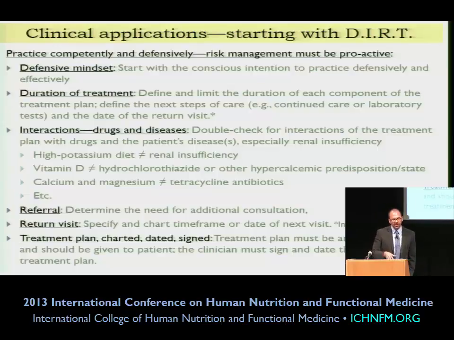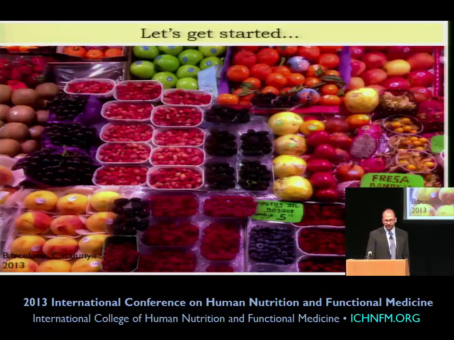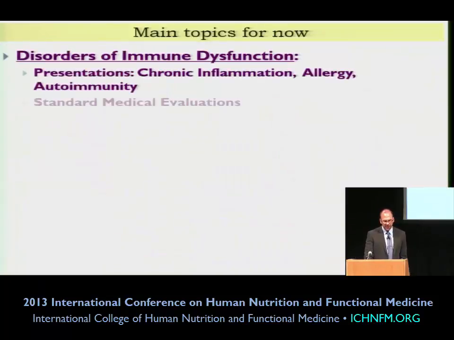We look for interactions with drugs and diseases. I've given you some examples there. I think it's always appropriate for us to ask ourselves if we need to refer this patient or when do we need to reschedule their next visit, their return visit. And then with the treatment plan, we sign it, date it, chart it, make sure that the patient gets a copy as well. So that's DIRT. Duration of treatment, interactions, referral, and return visit written into the treatment plan.